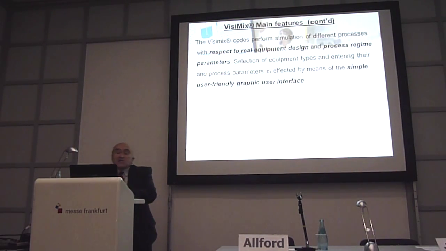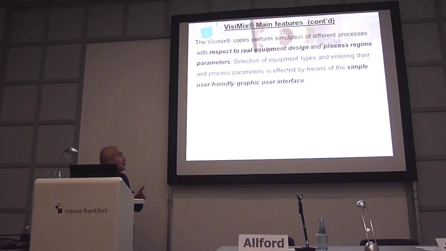Second, as I have already said, VisiMix performs calculations with respect to real equipment design and process regime parameters. What is important, selection and input data are inserted by means of selections using windows, small tables, by means of a user-friendly interface.